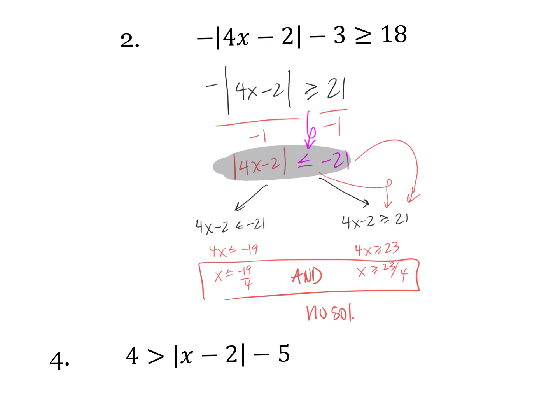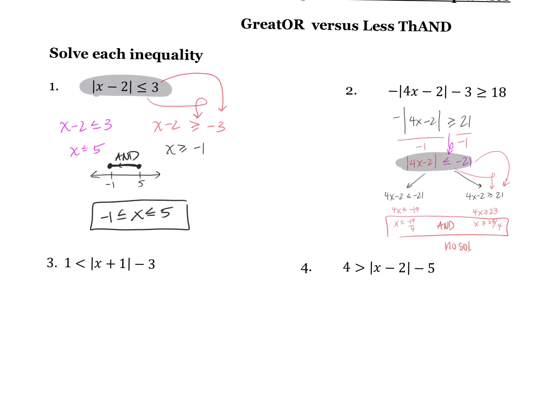Is negative 24 greater than 18? No, right? So it is a little frustrating when we get these answers. We do need to check them to see if they're actually going to work out. Because this, correct me if I'm wrong, we did a lot of hard work to get there, and then none of it even worked. Let's see if we can get some that actually do work.